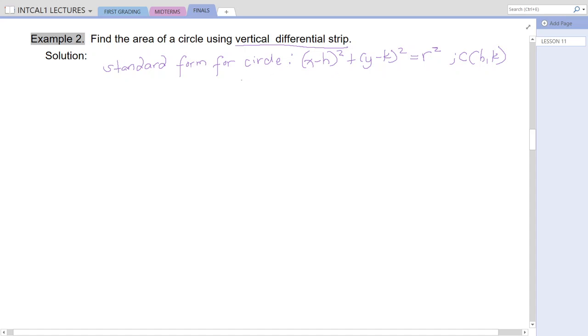Okay, so if our center is at 0, 0 at the origin, that is already x squared plus y squared equal to r squared.